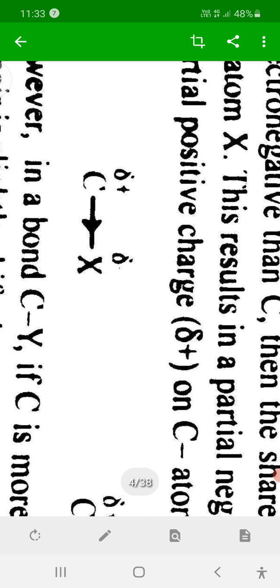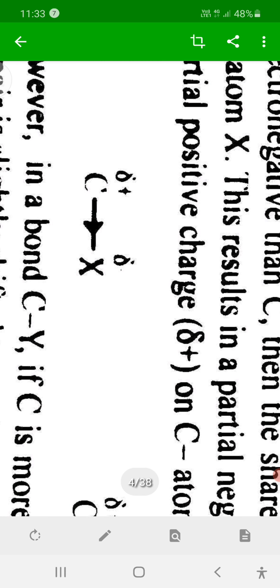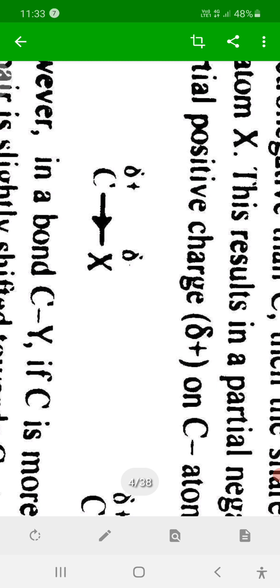Because of that pulling of electrons, the more electronegative atom has a gain of electron, and therefore it acquires a partial negative charge. Why partial? Because electrons are not transferred completely, only partial shifting is there, therefore the charge is also partial, that is, a partial negative charge in the case of the more electronegative atom.